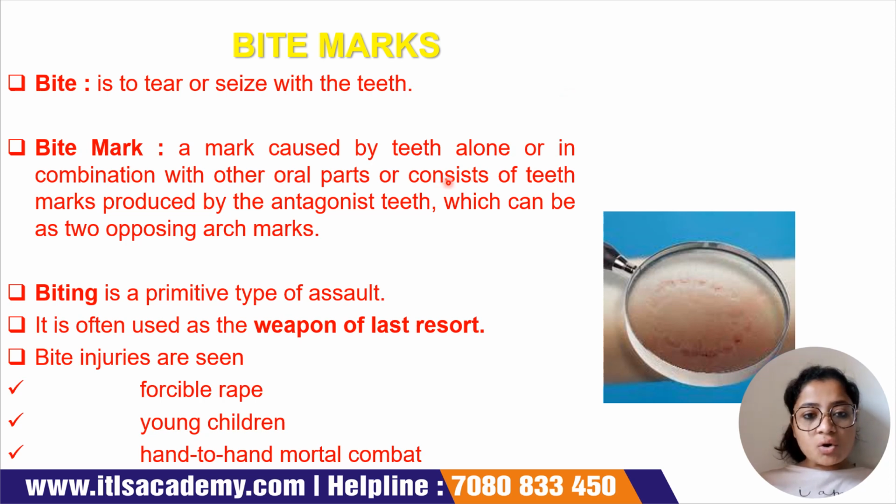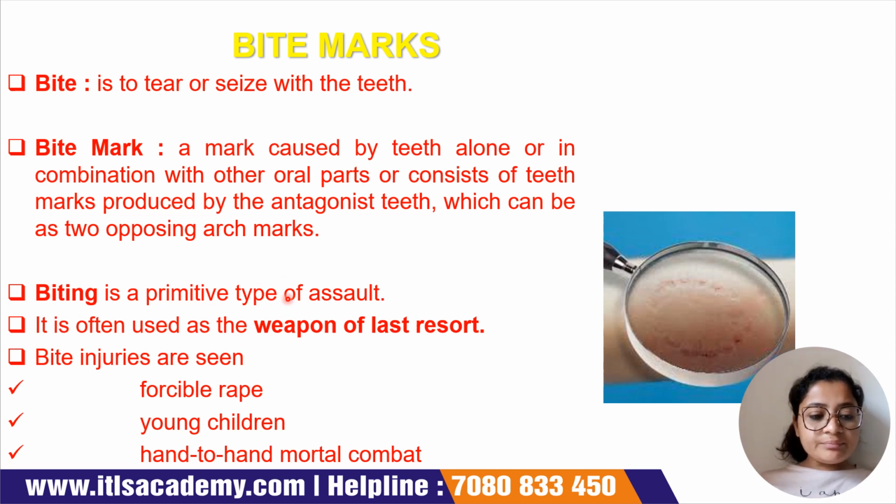It is a mark caused by teeth alone or in combination with other oral parts, or consists of teeth marks produced by the antagonist teeth, which can be as two opposing arch marks. Antagonist teeth means opposite to each other. So it can be done only with the teeth, or it can be done with teeth along with the help of other oral parts like your tongue, okay, your saliva.